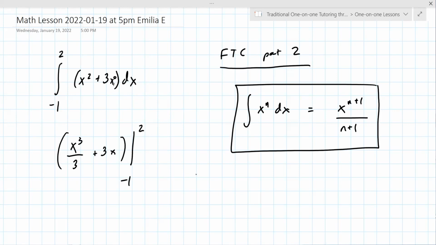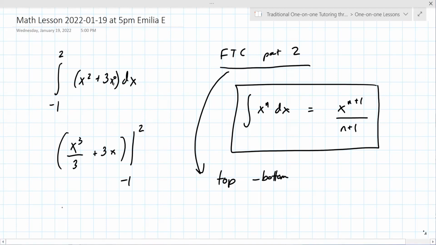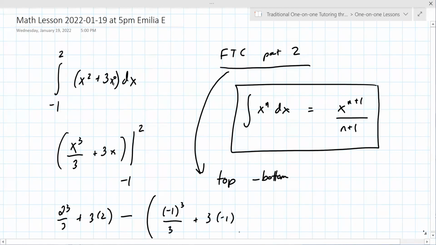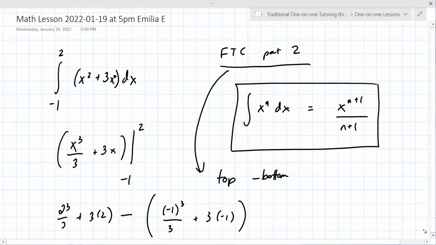Again, the Fundamental Theorem of Calculus part 2 is top minus bottom, essentially. So that's 2 cubed over 3 plus 3 times 2, minus -1 cubed over 3 plus 3 times -1.